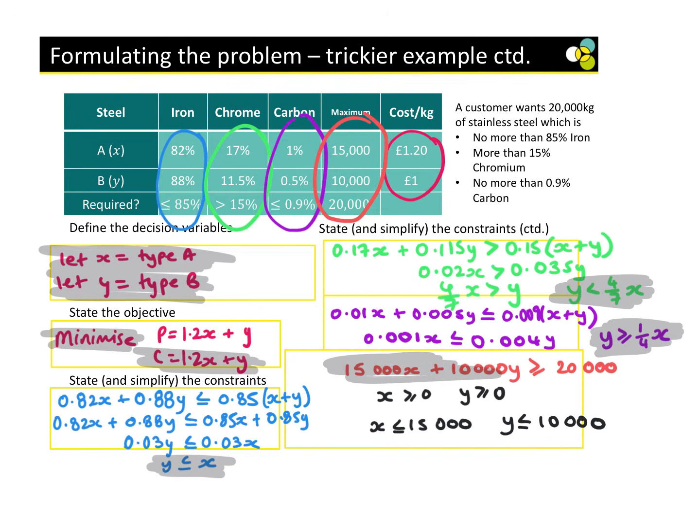Then we have our constraint here, okay? Now these are our variables. X has to be greater than or equal to 0. Y has to be greater than or equal to 0. It's told us we can only make up to 15,000 of type A, which is X, and the same for Y. So this is what we should be writing down to get the full marks.